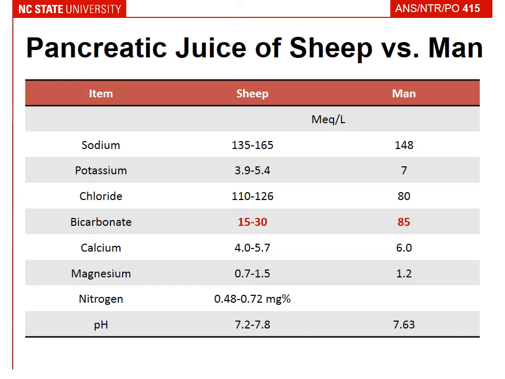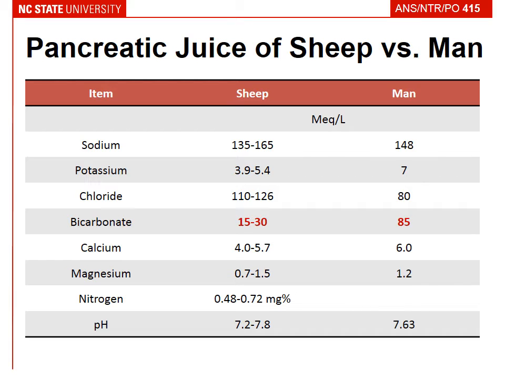As I mentioned, ruminants have significantly lower amounts of bicarb secreted from the pancreas. Here you can see our bicarb in the sheep is 15 to 30 milliequivalents per liter, compared to that of a monogastric human, which has 85 milliequivalents per liter. So that's a significant difference.